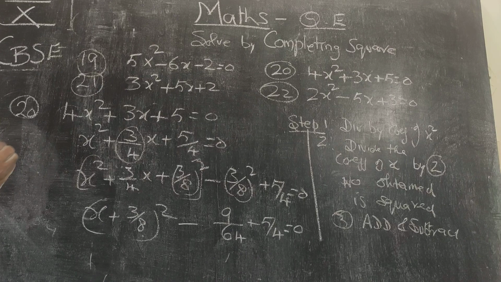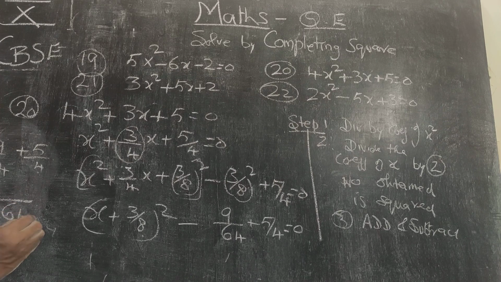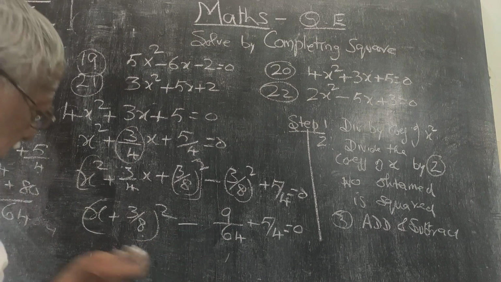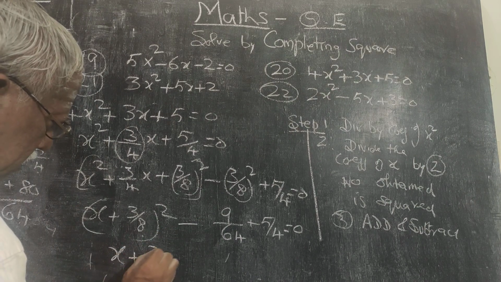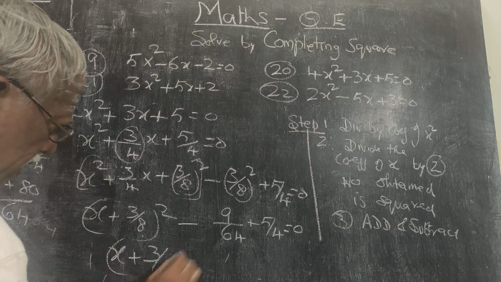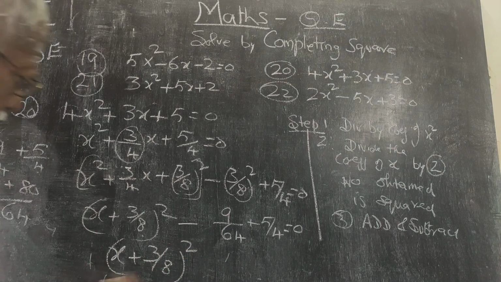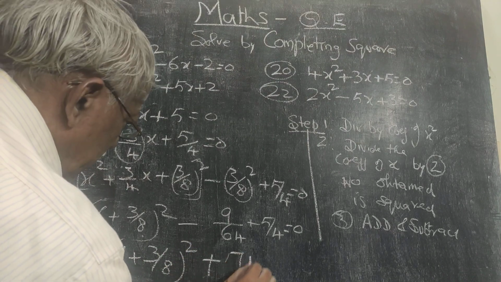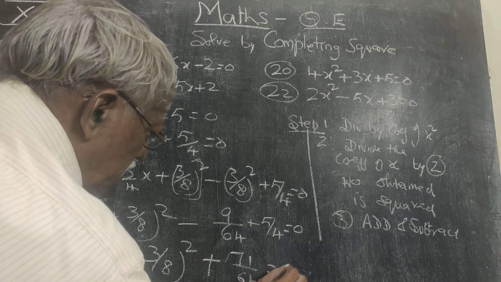This part alone, minus 9 by 64 plus 5 by 4, that is 64. Here is minus 9, 16 fours are 64, therefore this will be 80. So 80 minus 9, 71 by 64. This becomes therefore x plus 3 by 8 the whole square plus 71 by 64 equal to 0.